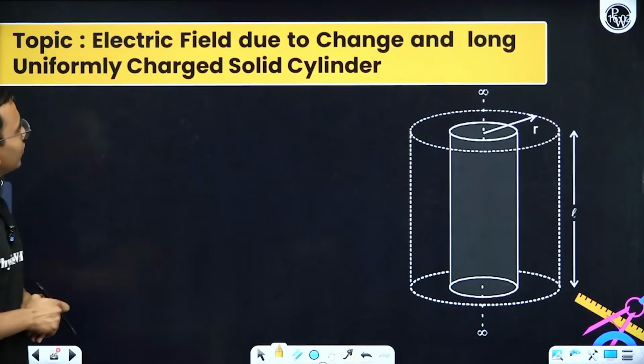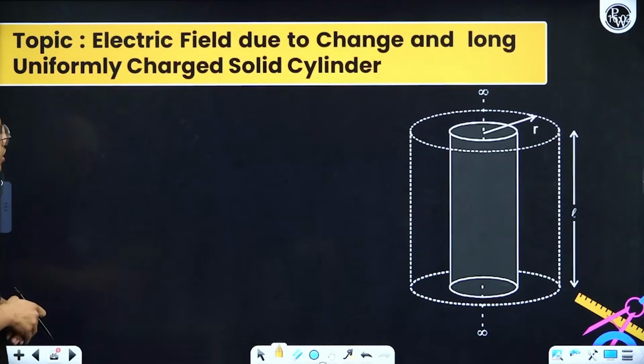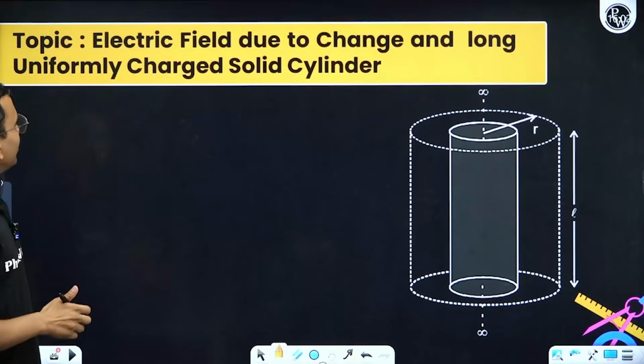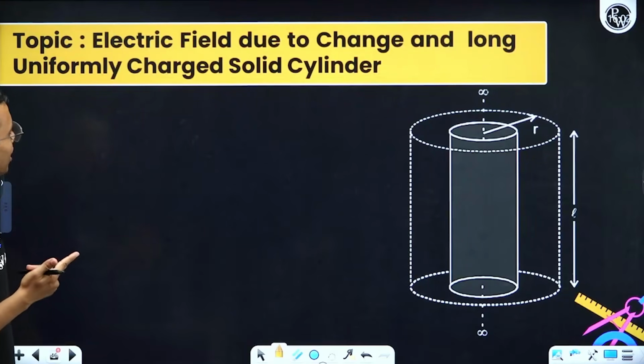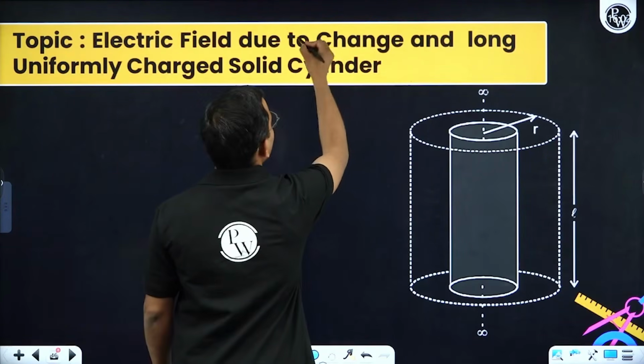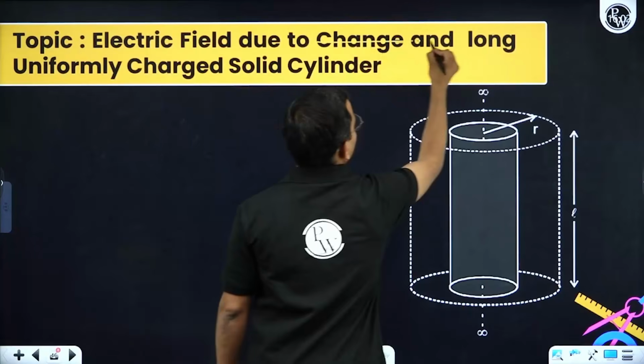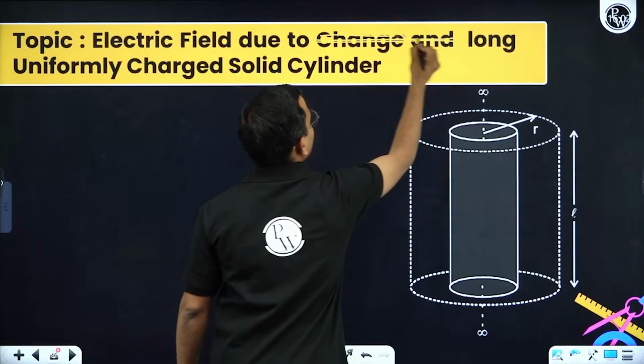Okay, moving further. Now here is the electric field due to a long uniformly charged solid cylinder. This should be deleted.